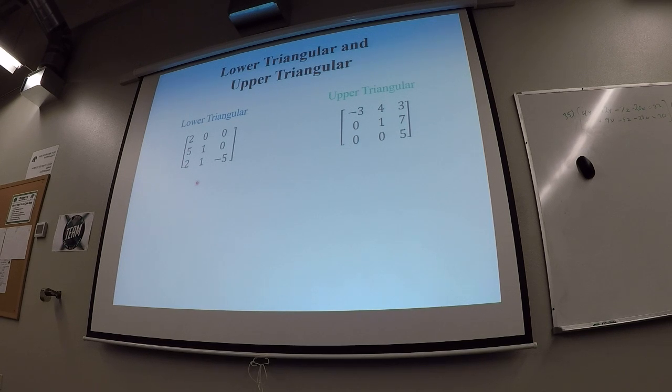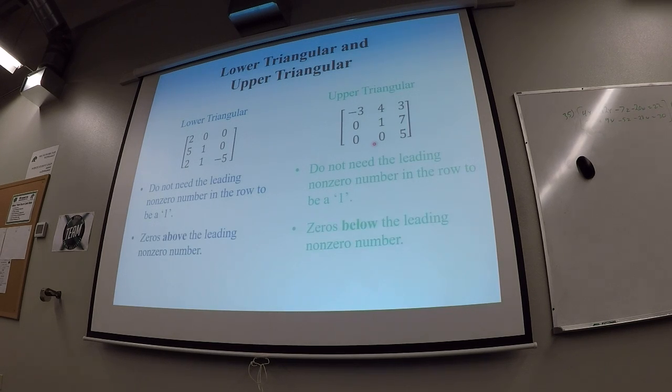I do not need leading ones. What I do need is numbers on the diagonal, but what is above those? Zeros. That is what makes this a lower triangle. When I'm looking at the upper triangle, do I need leading ones? I do not. But what do I need? Zeros on the bottom.